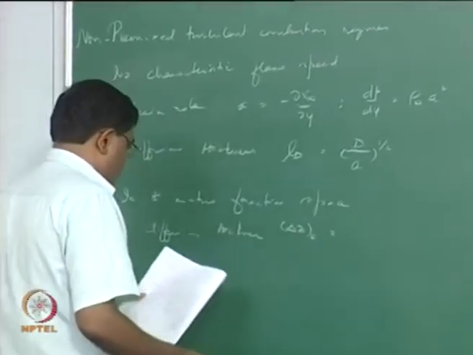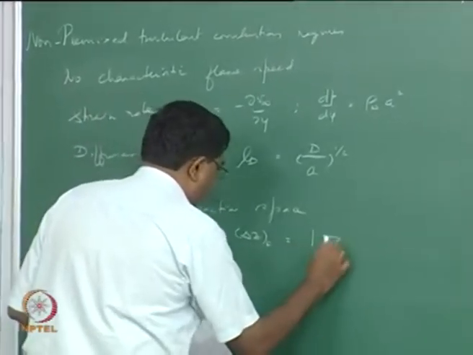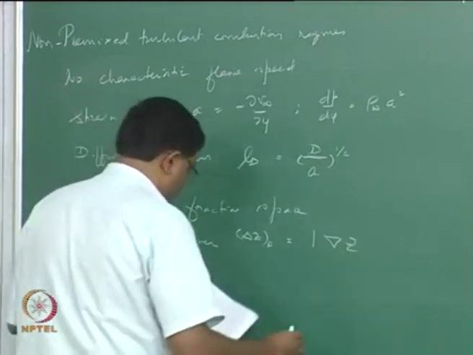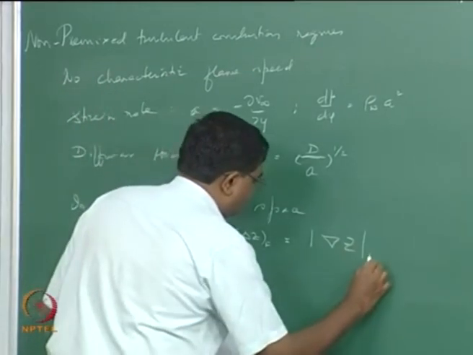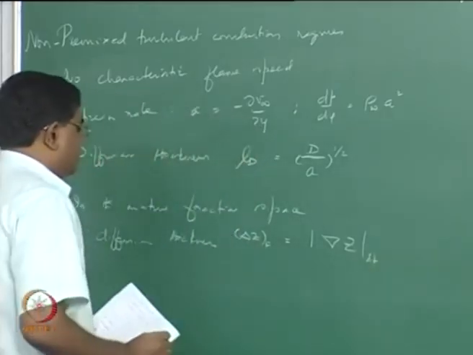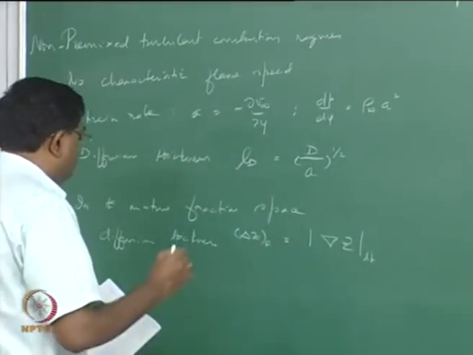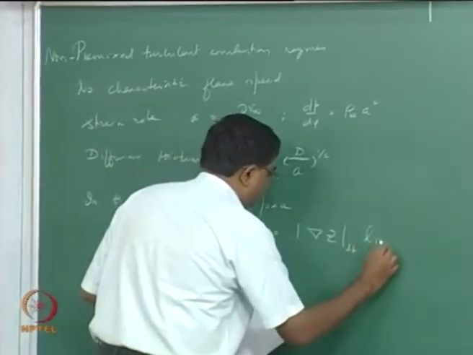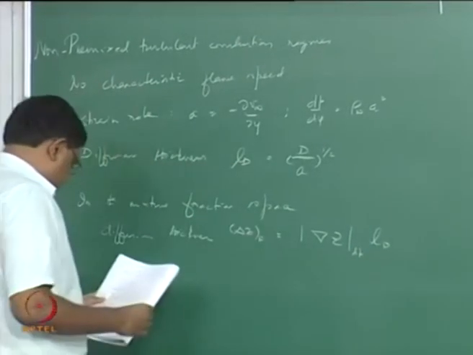Therefore the conversion from the physical space to the mixture fraction space goes through the modulus of the gradient of the mixture fraction at stoichiometric condition times L_D.